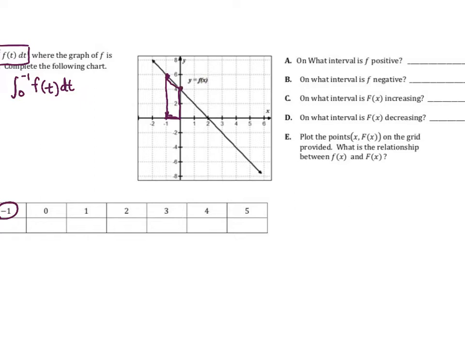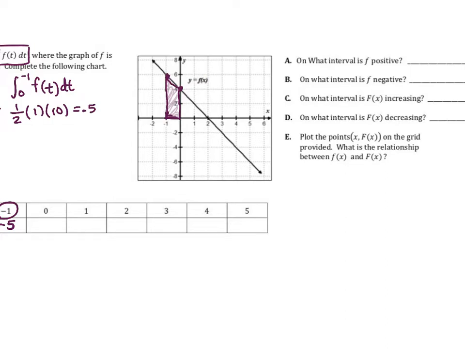Our formula is 1/2 the height, which is 1, times the sum of the bases, so 6 plus 4 is 10. That gives me 5, but I do need to invert those endpoints, so that makes it a -5. Okay, so I now know that part is going to be -5.